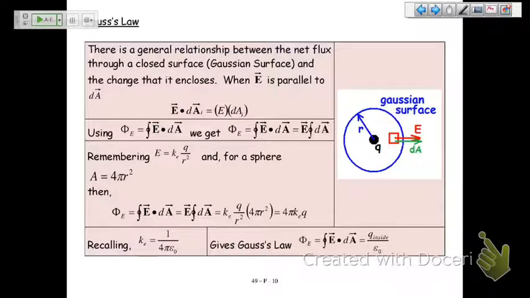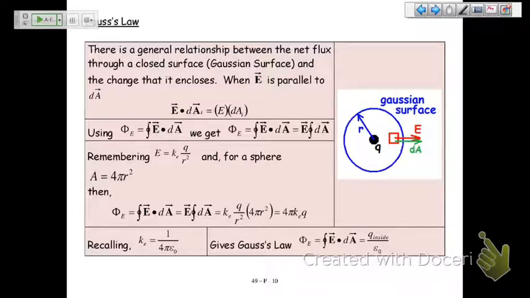So let's imagine a situation where we have a charge, and a point of interest. Our little bit of area is at our point of interest. The point of interest can be where I tell you I'm interested in, potentially anywhere in space.